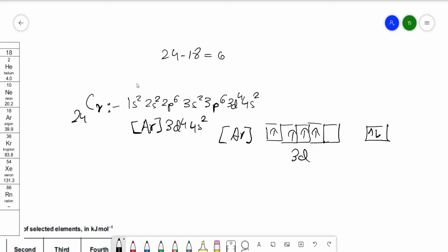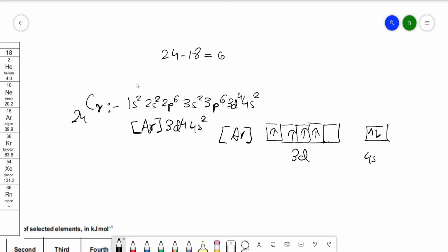This is 3d, and this is 4s. The most stable forms of an electron subshell are either half filled or fully filled. You can see that 4s is fully filled, with an electron pair present, so it is fully stable, but 3d has one missing and is not half filled.